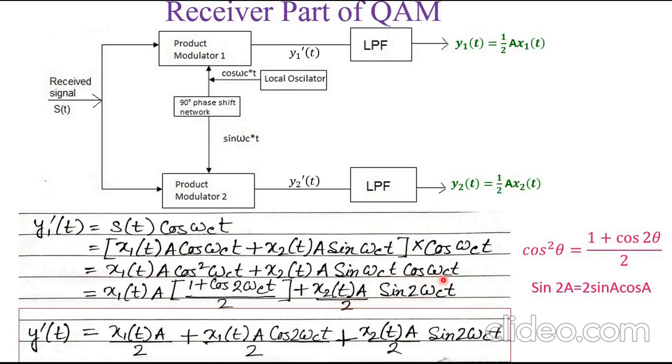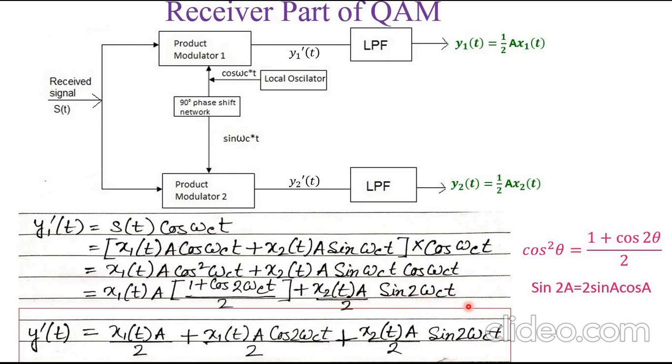In that case, we multiply by 2 and also divide by 2 to adjust for this formula of sin 2a. So it will be x2(t) into A by 2 into 2 sin omega_c t cos omega_c t. So 2 sin omega_c t cos omega_c t is sin 2 omega_c t, and it will be x2(t) A by 2 sin 2 omega_c t using this formula.